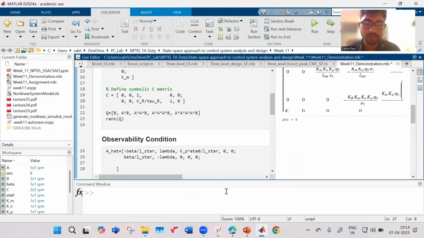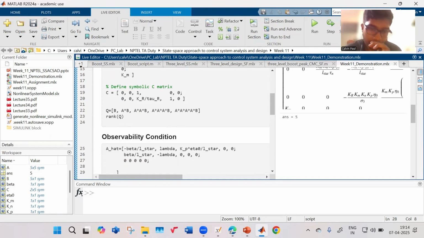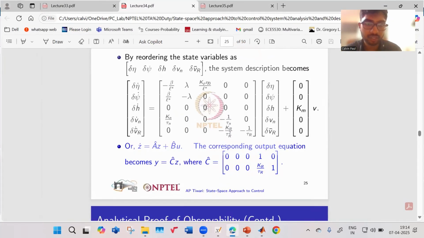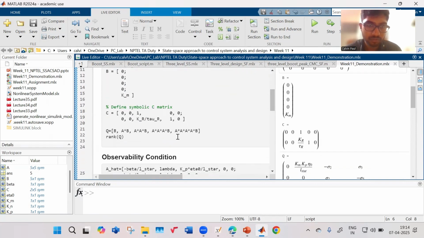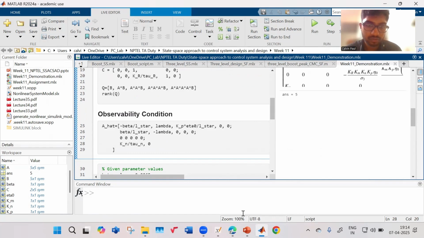Then we have all zeros. Then we have kn upon tau, then 0, then 0, then minus 1 upon tau.